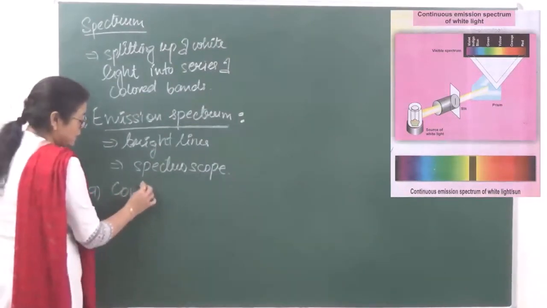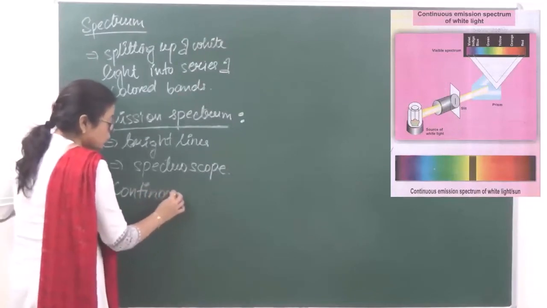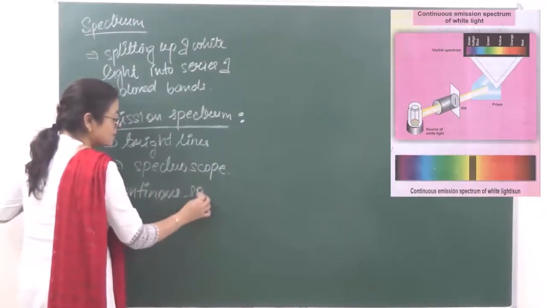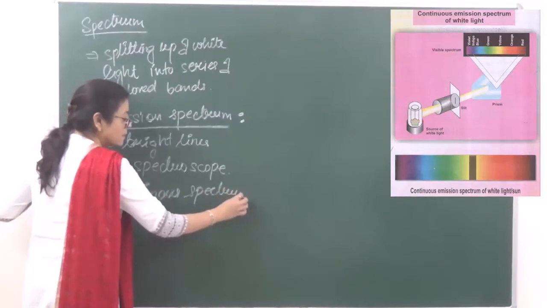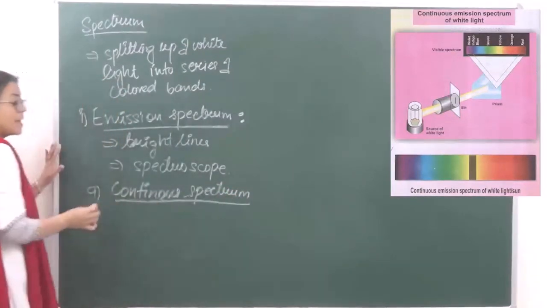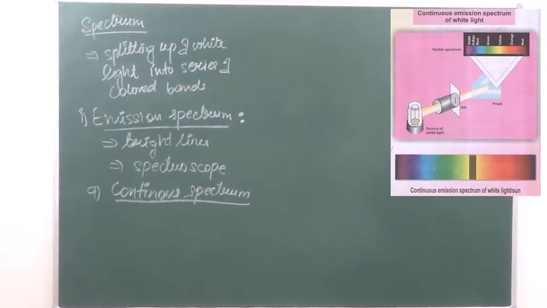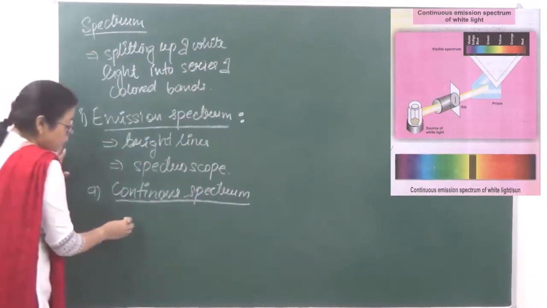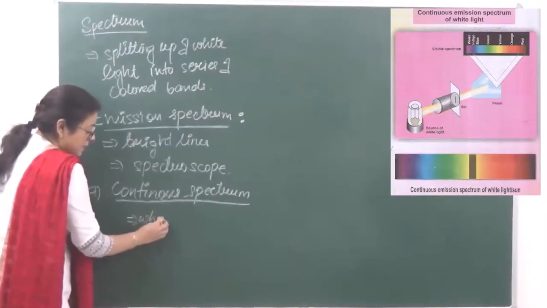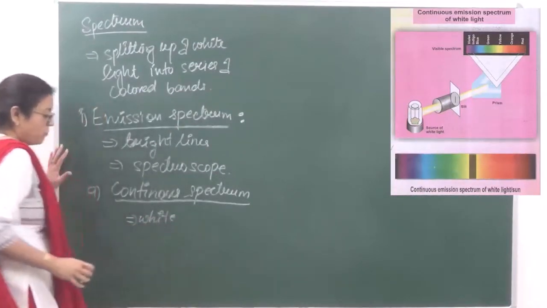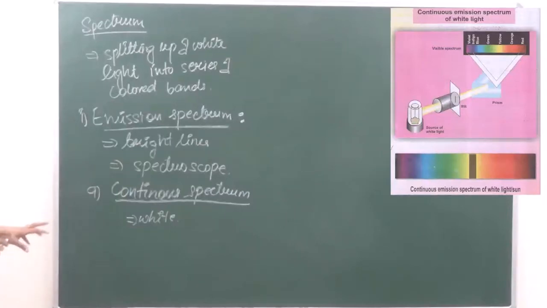The first one is known as continuous spectrum. What do we understand by continuous spectrum? Over here, we are going to take a source of white light.